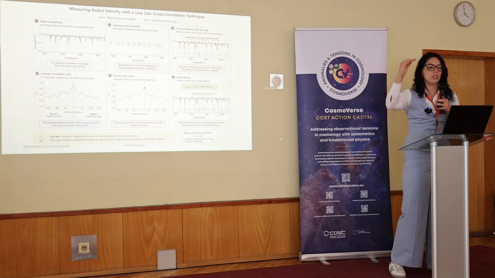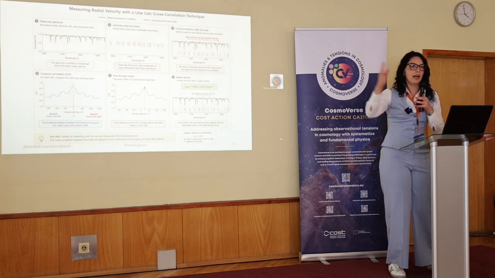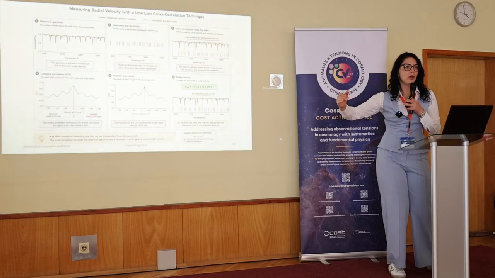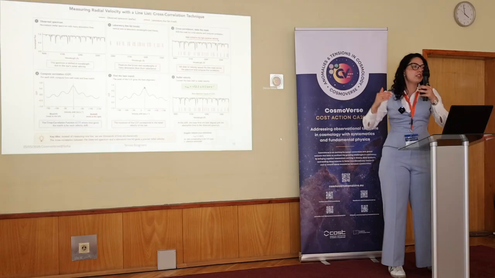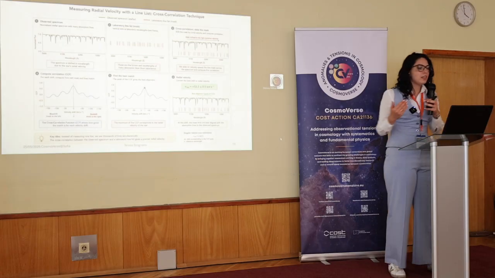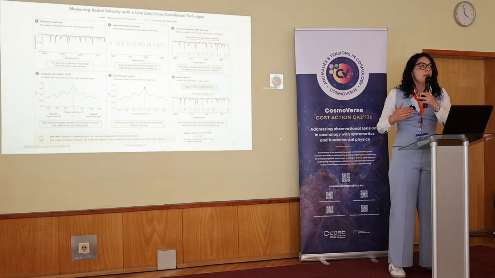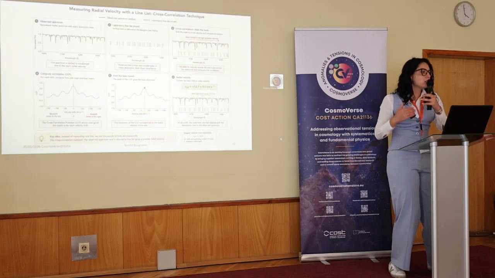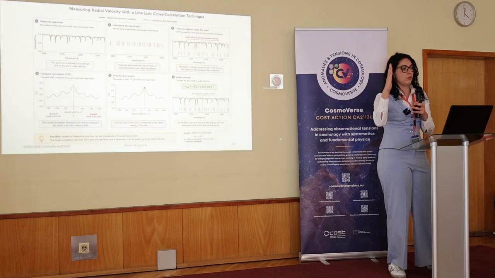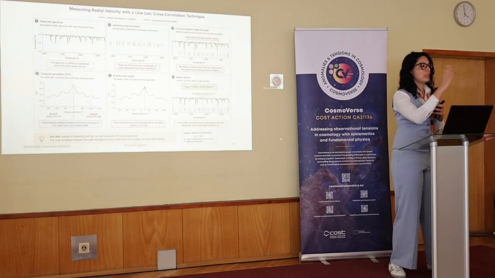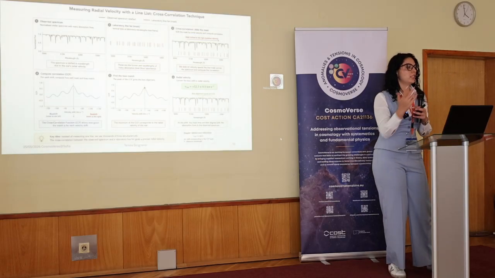So we have our spectra with observed lines, and we have the list of lines from the laboratory. And what we do is a cross-correlation. It's a very simple thing to do. We try to find the best combination for which the majority of the lines from the laboratory correspond to some lines that are formed in the spectra.